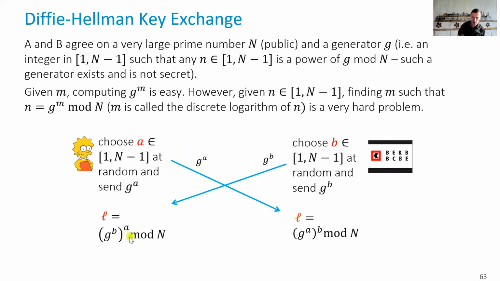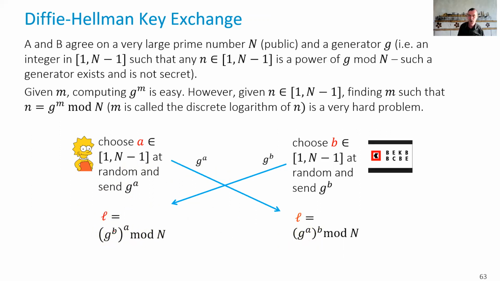Lisa knows A is a temporary secret that doesn't get out of Lisa's machine and will not be visible in the logs. Lisa computes the received value to the power A. The bank does the same, and now we know that G to the power A to the power B is G to the power AB, which is the same as G to the power BA. So those things commute.